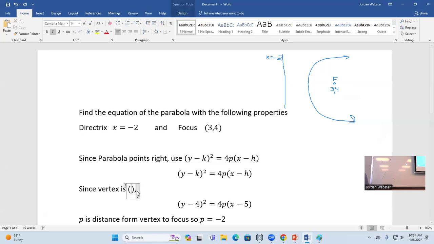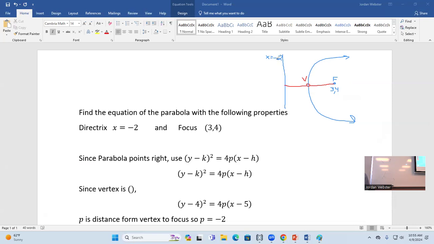Now, what is the vertex in this case? Well, it's between the focus and x equals -2. It's got to be equidistant. And so notice the height of the focus and the vertex are going to be the same, so the vertex is going to have a y value of 4.